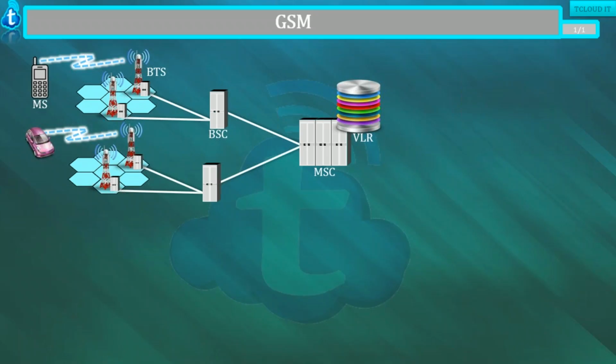Now, if the operator starts some kind of campaign in a particular geographical area, and finds that in this area so far there are 1 lakh users, then all the cells spanning that geographical area, the BTSs under those cells, and the BSCs will fall into this MSC.